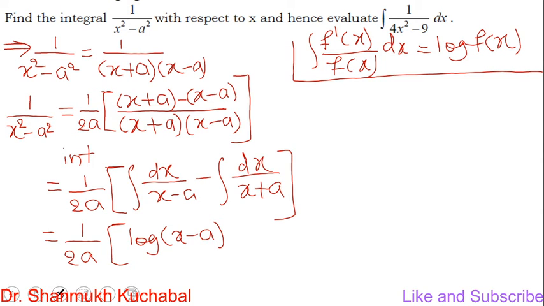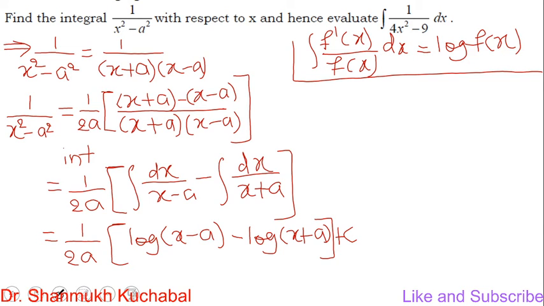Here x minus a, the differentiation is 1, it is present in the numerator, so I am applying this rule, minus as it is. Similarly the second part is log of x plus a. Then it is an indefinite integration, so we have to add the constant of integration c.